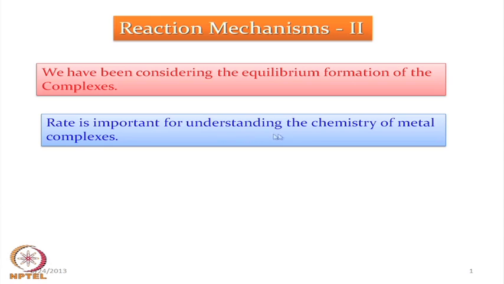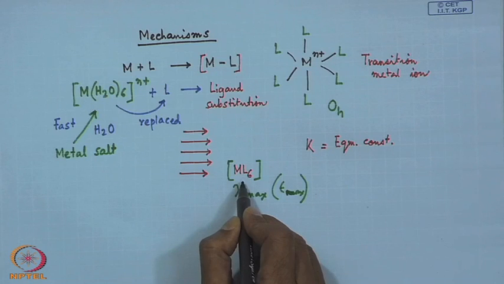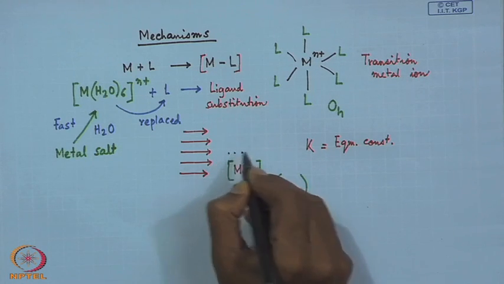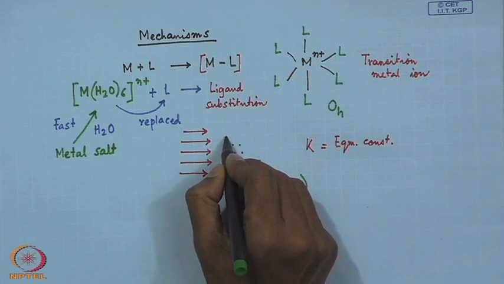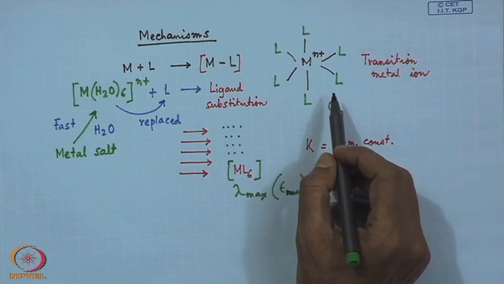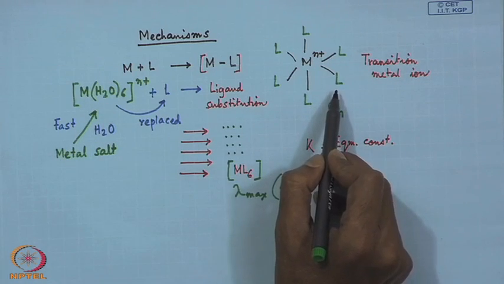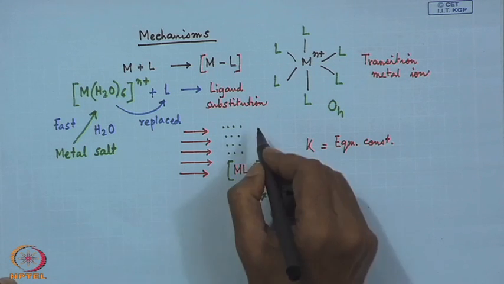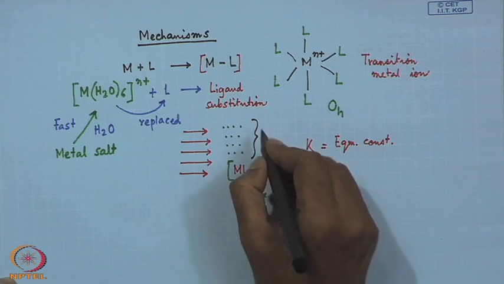In particular, if we want to understand the electronic structure and the involved intermediates at the same time: if this ML6 is forming, the other steps we have utilized are the stepwise replacement of the water molecules by L. So, these species we can consider as some intermediates also.